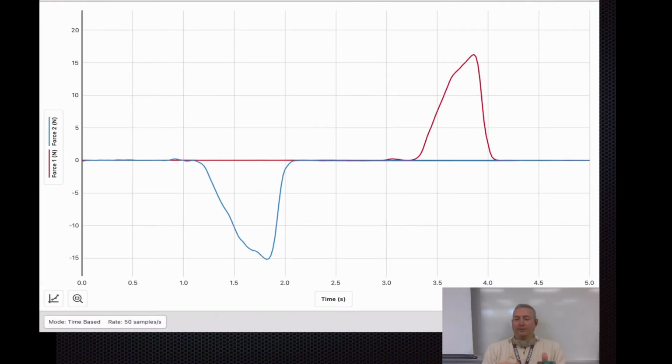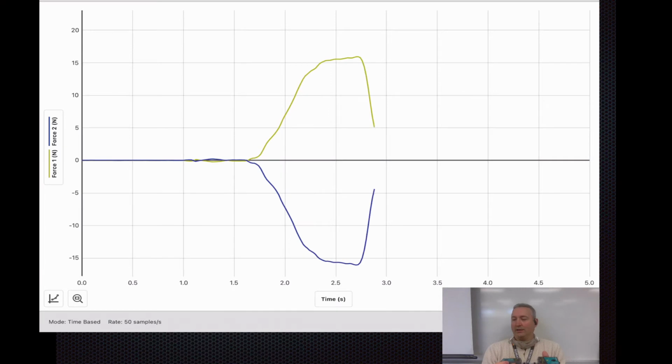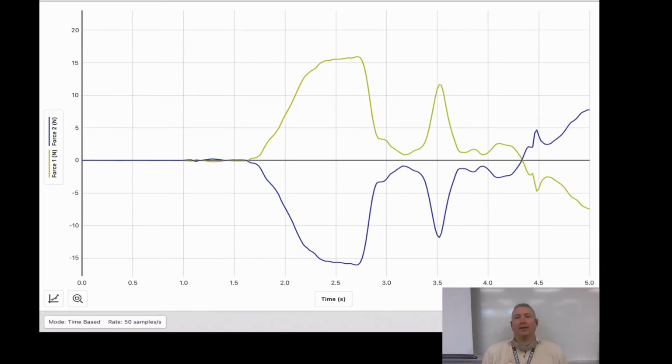If we connect them together and pull, we can see that they are exactly opposite each other when we see the forces. I can't pull on one without pulling on the other. I can't push on one without pushing on the other. It's exactly opposite. So when we have situations where there is a force on something, that means the exact opposite force is being done by that thing.